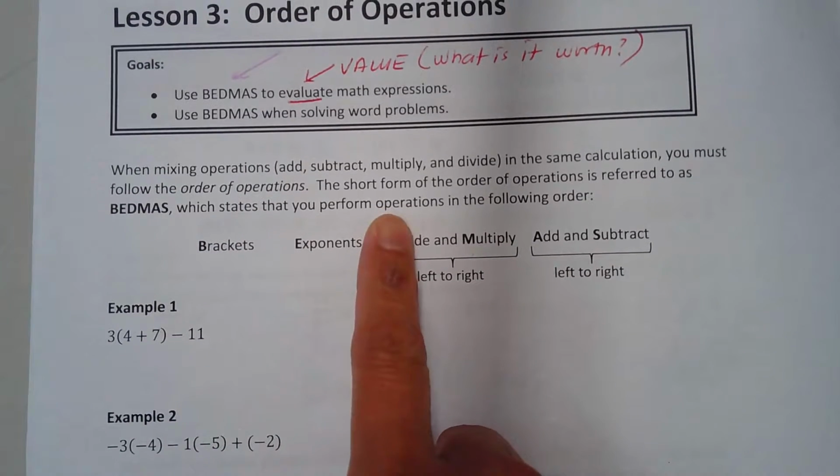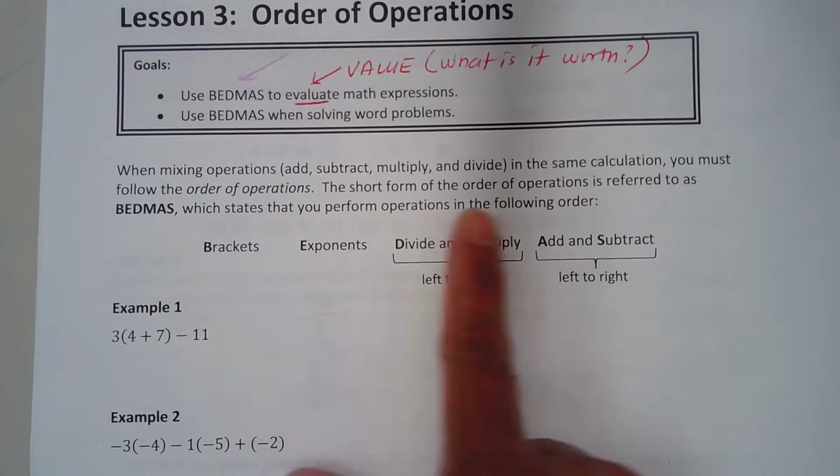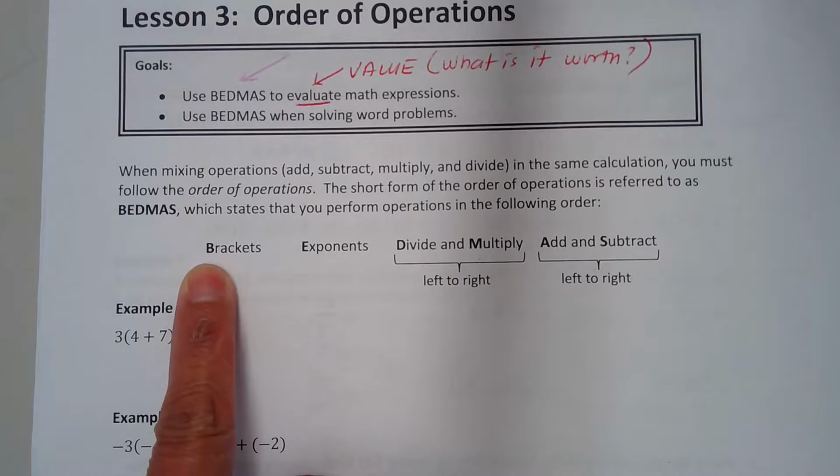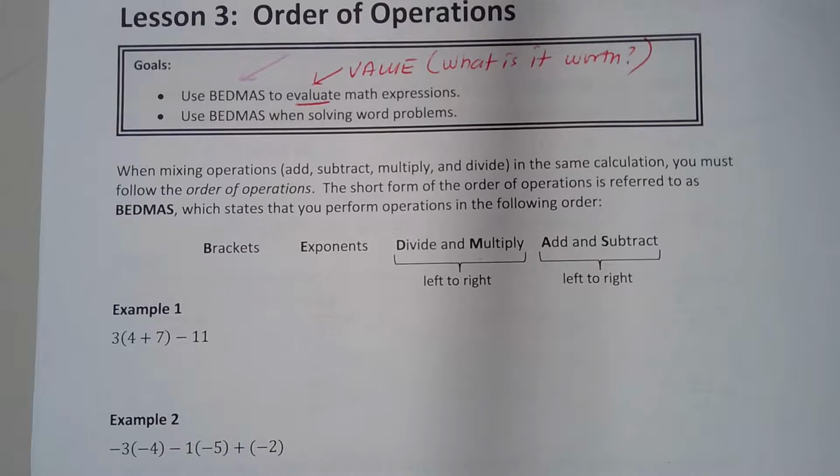So here, you must follow the order. The short form is BEDMAS. The B stands for brackets. It means that if you see brackets, and inside that bracket there's some kind of math, some operation, you have to do those first. That's why it says brackets, whatever's inside the brackets.